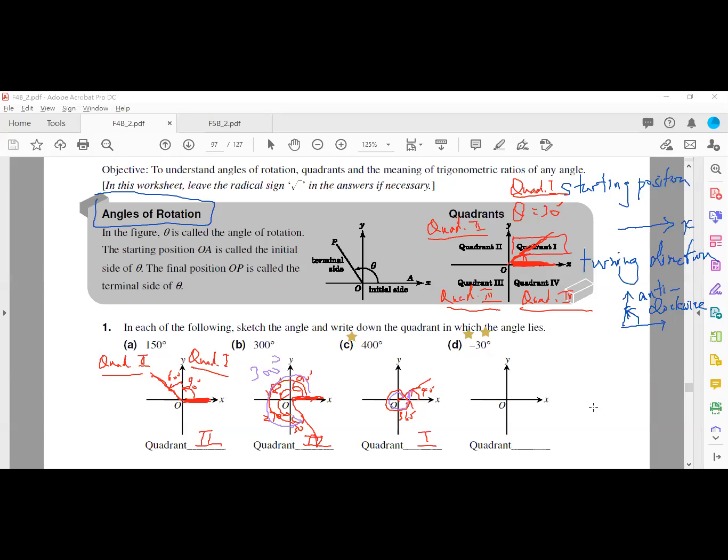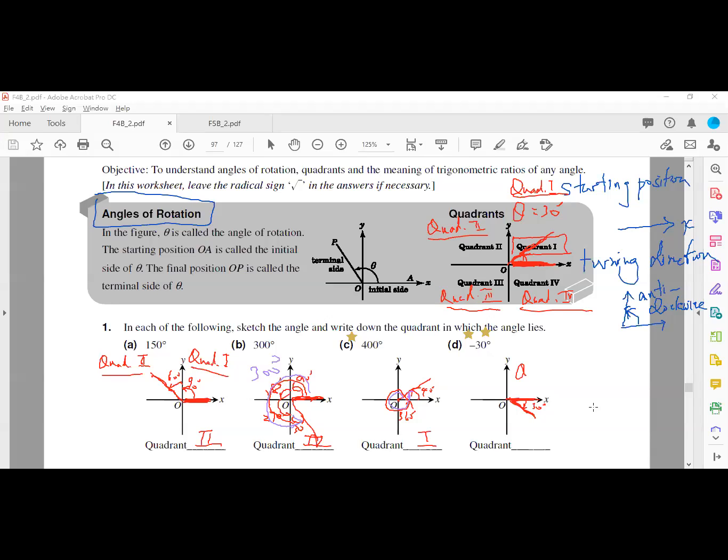But we still start from the positive x-axis, and then we turn the side clockwise by 30 degrees. Okay, so the side is landing on this box.